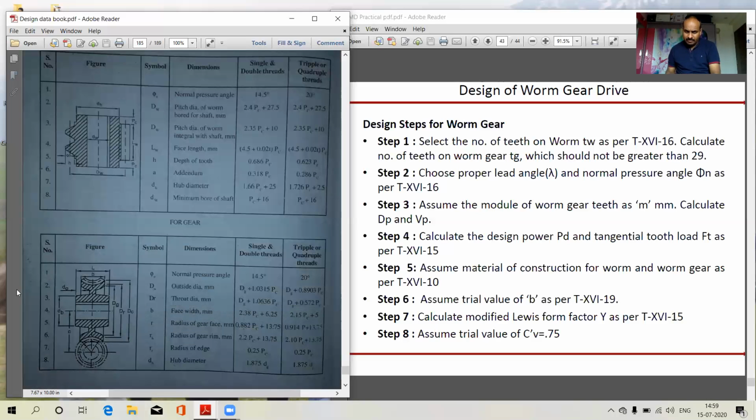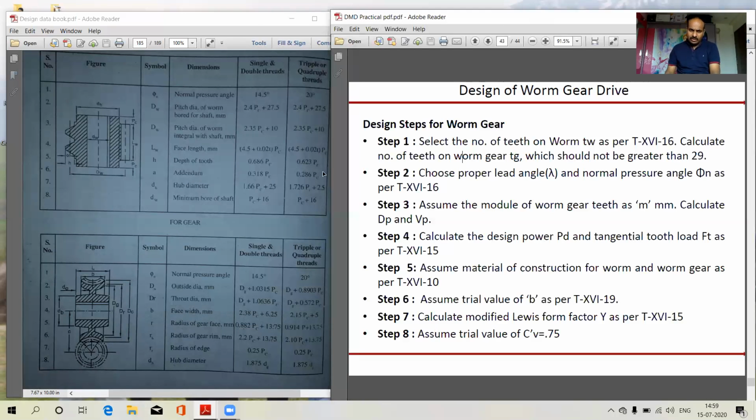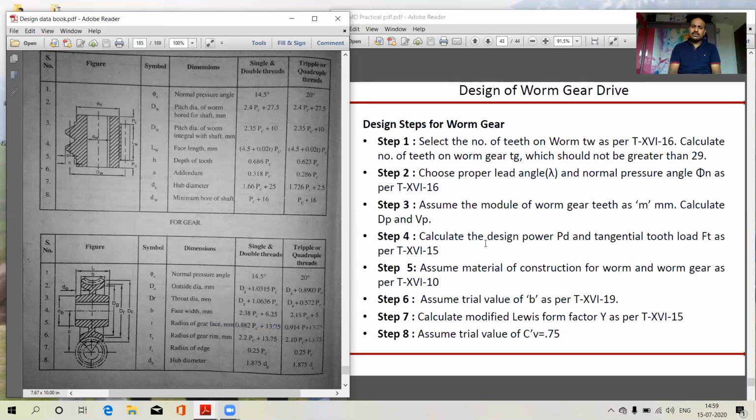One thing you must remember while designing the worm and worm gear: you are going to design the gear only, because as compared with the worm, the gear is weaker. So you must design the weaker element, so that your design is safe for the stronger element, the stronger worm.